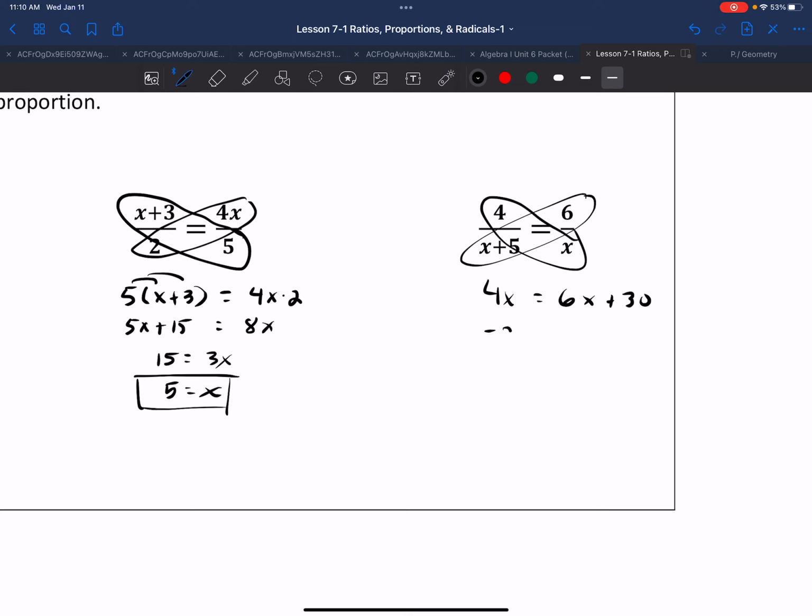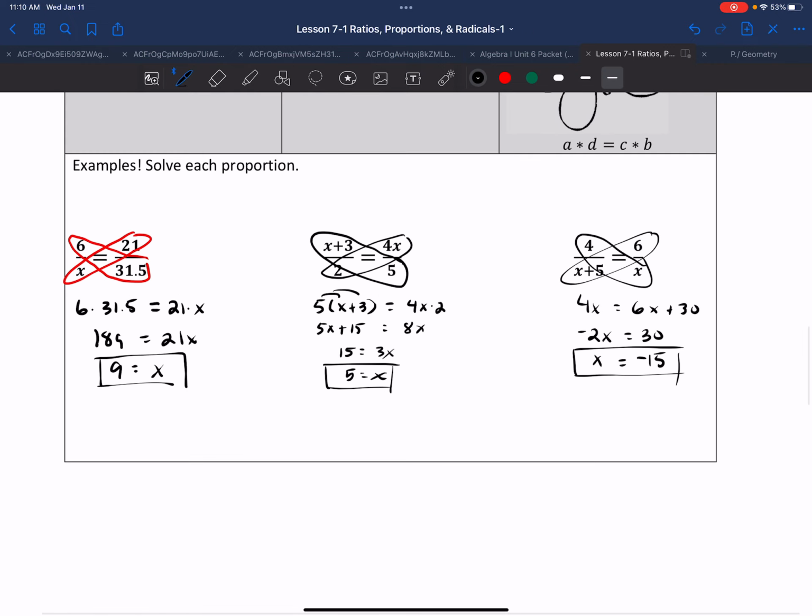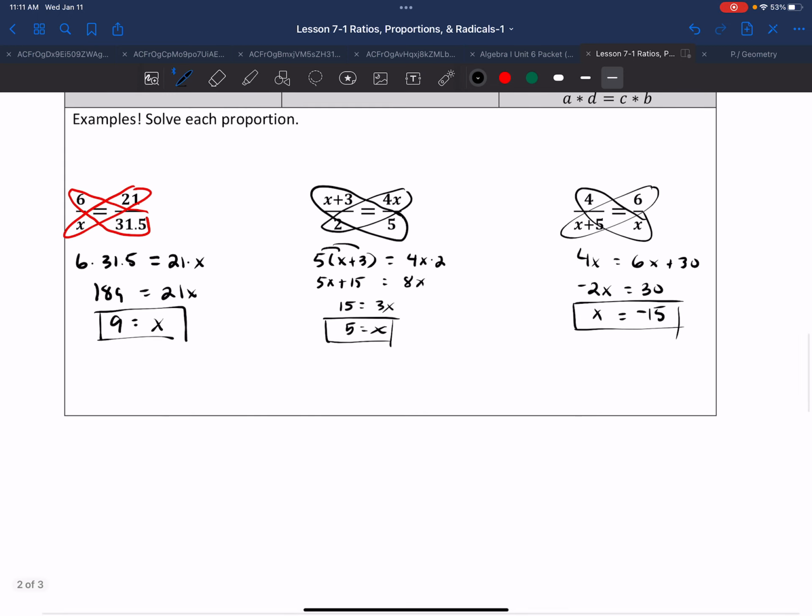I get negative 2x, which is equal to 30. And therefore, x is equal to negative 15. This is my answer, and that's all I have to do, okay? There you go. That's me using the butterfly method for these 3 problems. Hopefully you're writing all of this down and understanding how to solve proportions now.